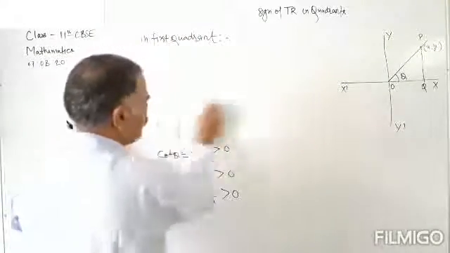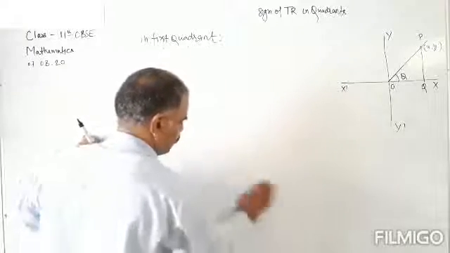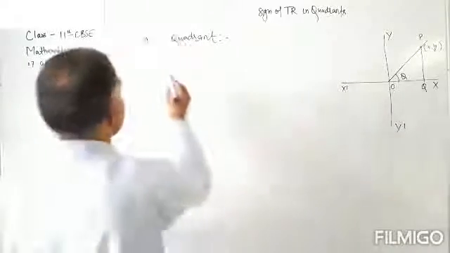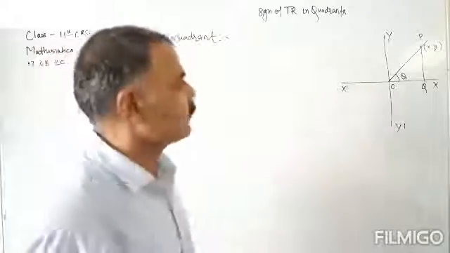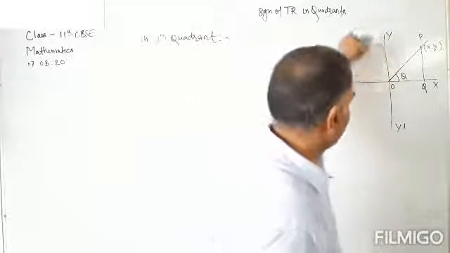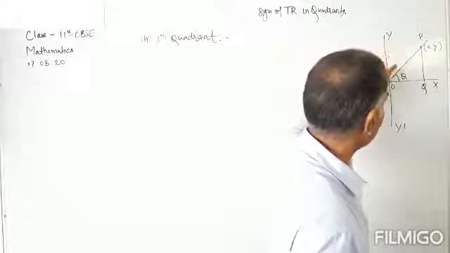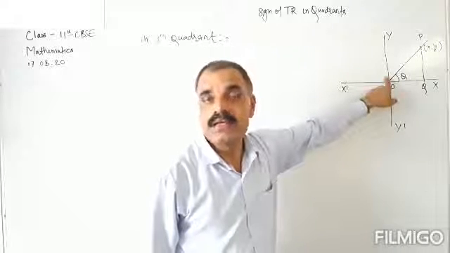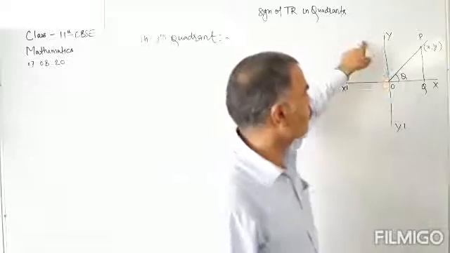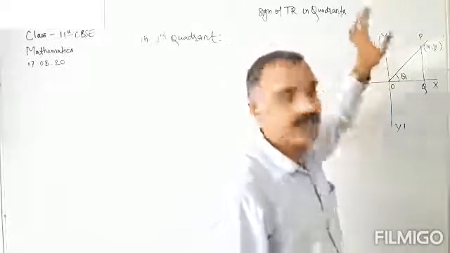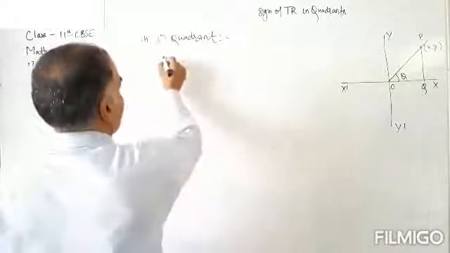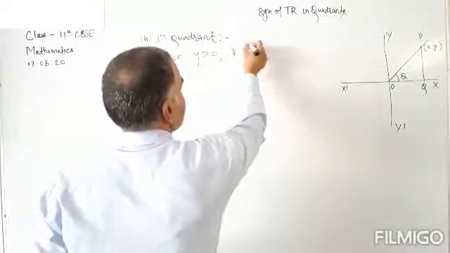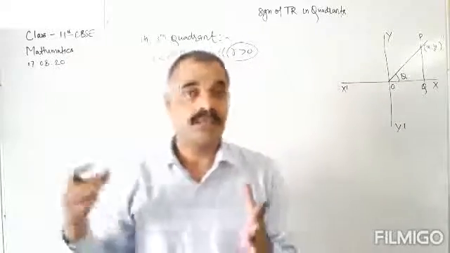Now, if this ray rotates or revolves around O and takes the position in second quadrant, then in second quadrant x is less than 0 and y is greater than 0, and r is always greater than 0. R is the length, r is always greater than 0.